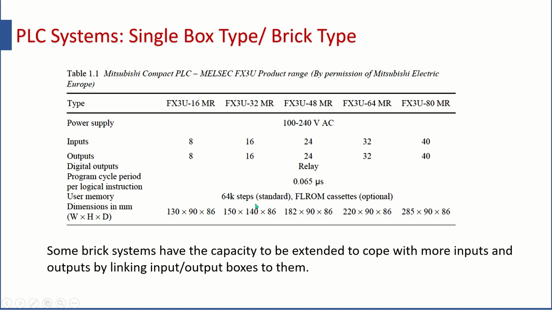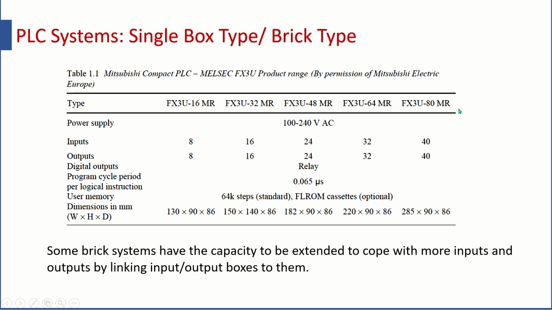Now you see that here I have given a family of Mitsubishi compact PLC whose trade name is Melsec, and this product range is FX3U. You can see here FX3U 16MR, 32MR, 48MR, 64MR and 80MR.